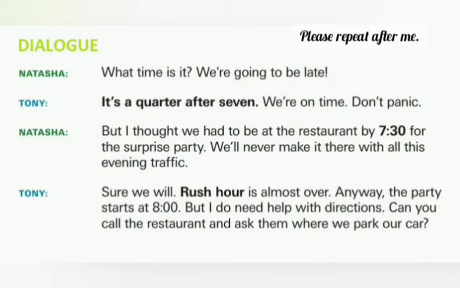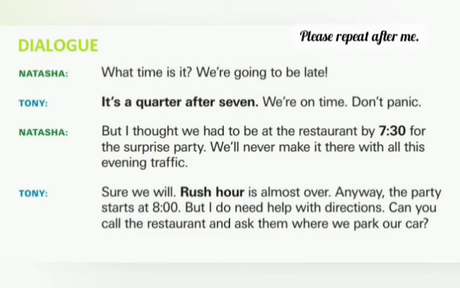What time is it? We're going to be late. It's 7:15. We're on time. Don't panic. But I thought we had to be at the restaurant by 7:30 for the surprise party.